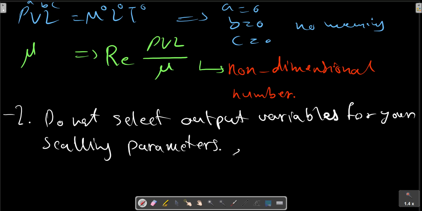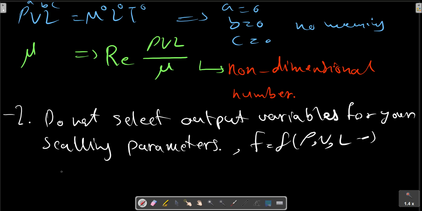In the equation, F was a function of rho, V, L, for example. Do not select F in this type of problem, nor was mu selected, for we wish to plot the force versus viscosity.